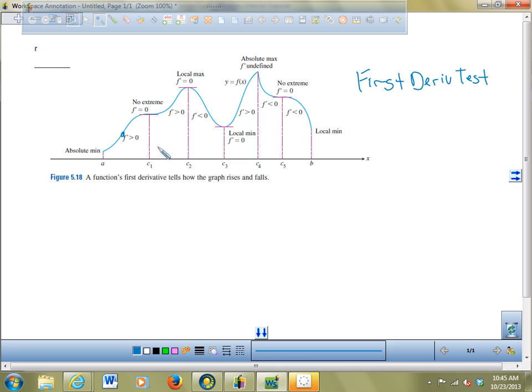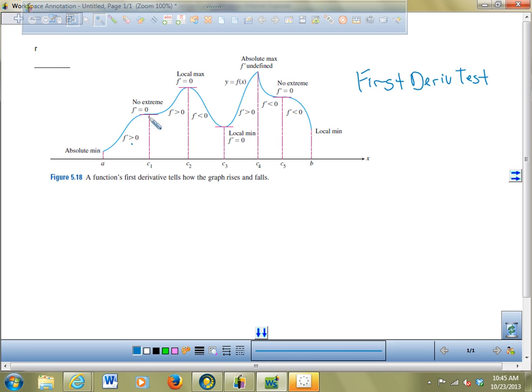So if you can see from this graph, you can have maxima and minima in a variety of ways. And you could have different things happening with the first derivative. And that first derivative doesn't necessarily tell you everything you have to know. For instance, here, first derivative is positive, curve is going uphill.